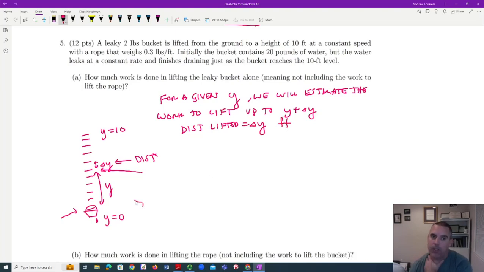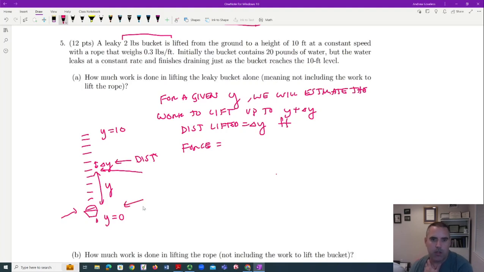Now we need to know how much it weighs. And what did they tell me? So the force, they said it's changing at a constant rate. It's linear. So what do we know? We know that it's 2 pounds. It contains 20 pounds of water, but the water leaks and finishes draining at the top.